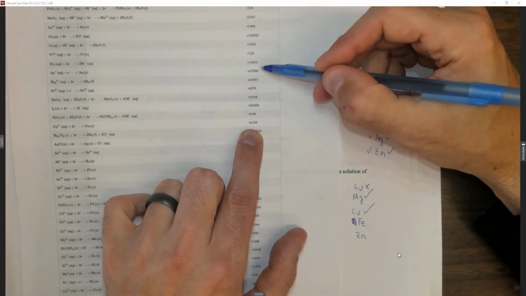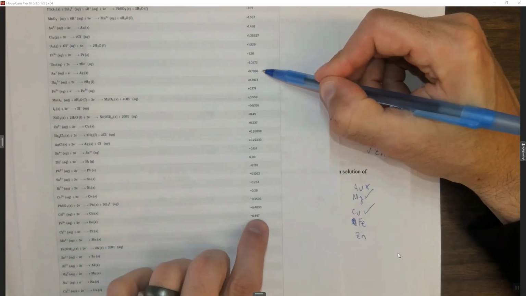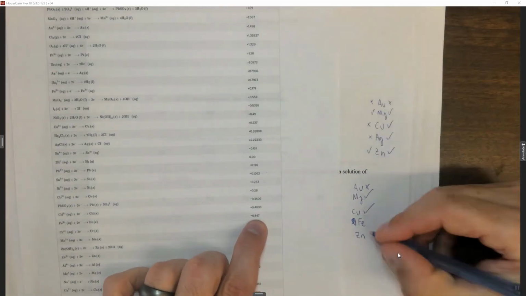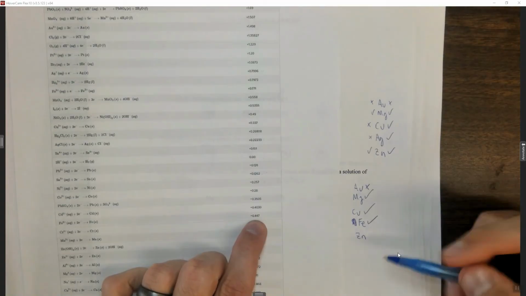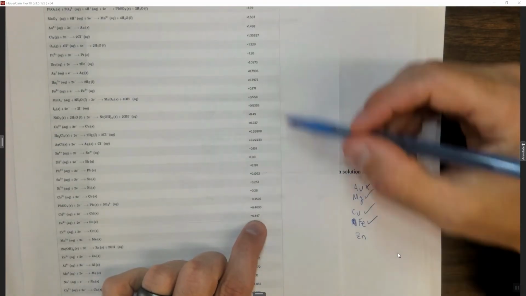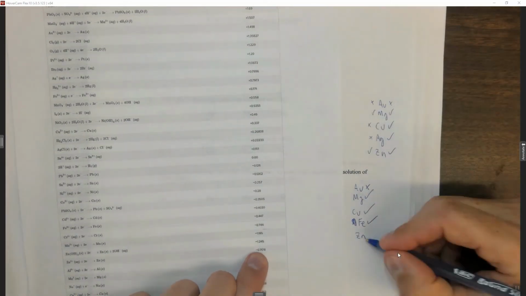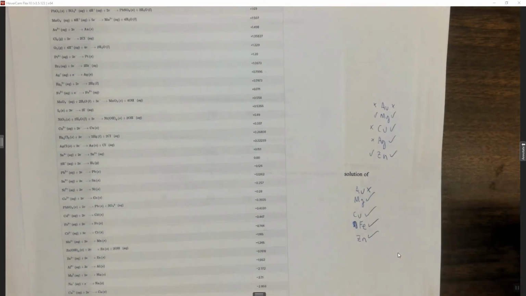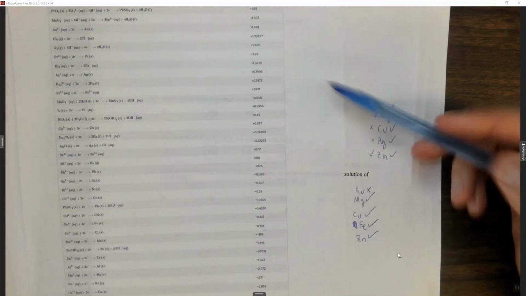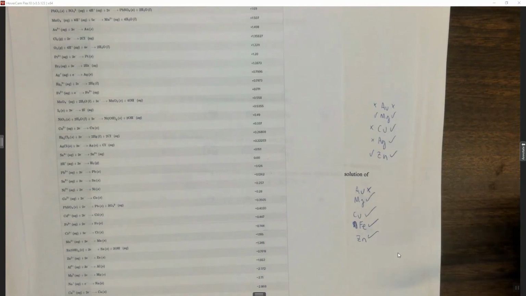How about iron? Well, iron is down here, and it will precipitate silver metal because the Ag plus will take an electron away from the iron metal. And how about zinc? Zinc is the same thing, it's way down here. The silver plus will take an electron away from any of these metals because they're all lower on the list except for gold.